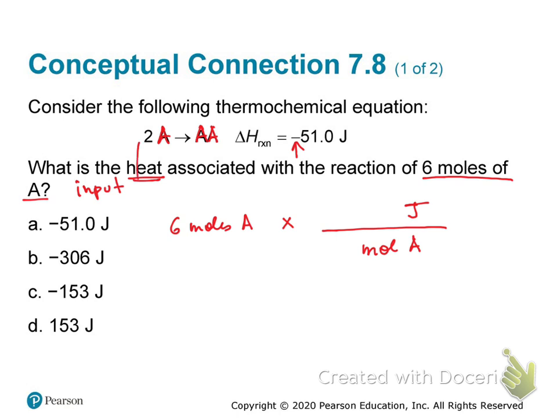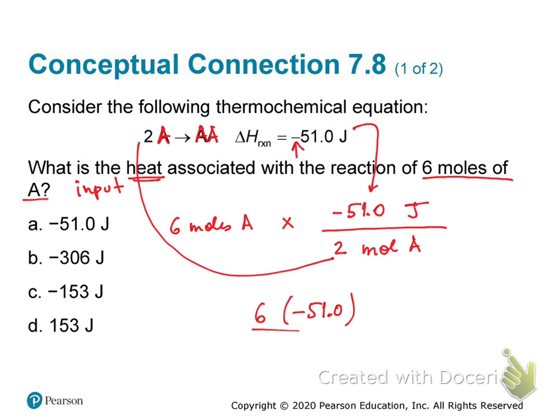I see 2 moles of A producing 51.0 joules. So the answer to this problem is 6 times 51 divided by 2, which is negative 153 joules.